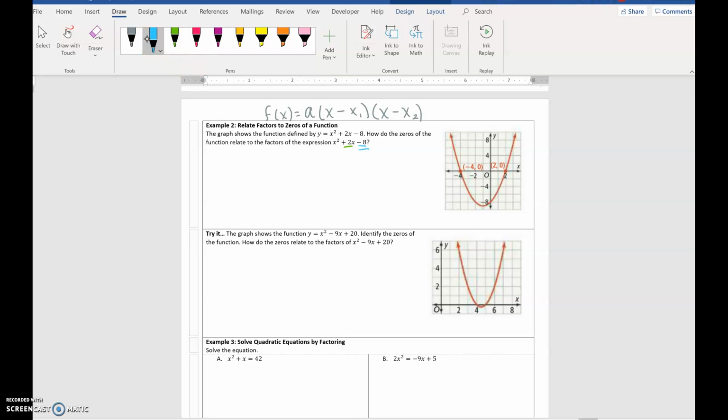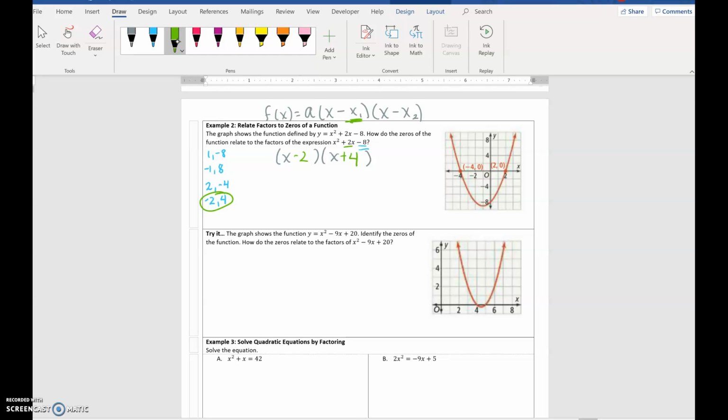So we have 1 and negative 8, or negative 1 and 8, 2 and negative 4, negative 2 and positive 4. So what would equal a positive 2? It would be these ones here. So we have x and x, and then we had minus 2 and plus 4.